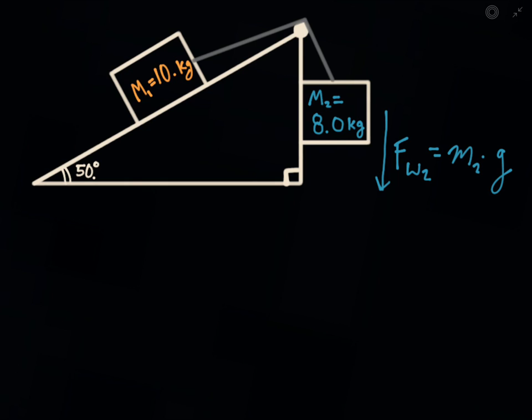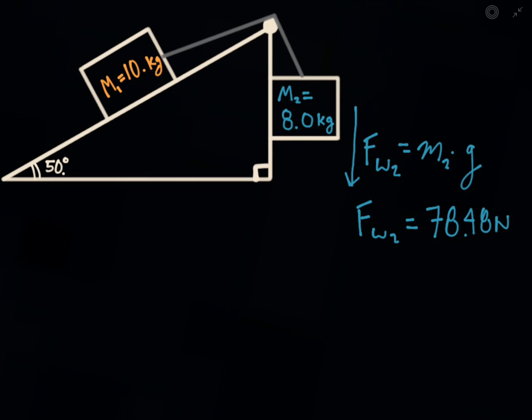So the mass is 8 times 9.81 meters per second squared. So F sub W2 is going to be 78.48 newtons.